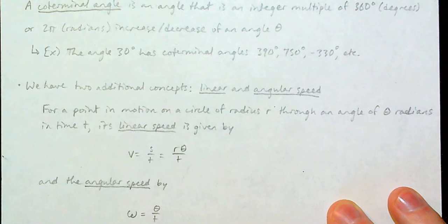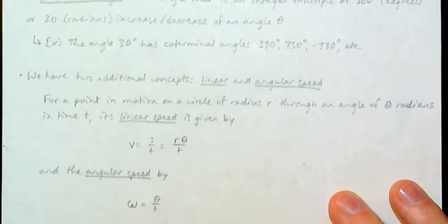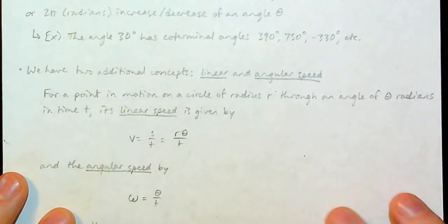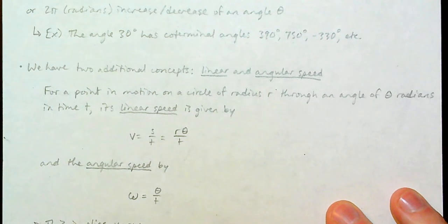Just a couple concepts, just things I want you to have seen that are out there. This is just a quick little wrap up of this video. Linear and angular speed. For a point that's in a circular motion, so some object is, say, spinning on some point, it moves in a circular motion.